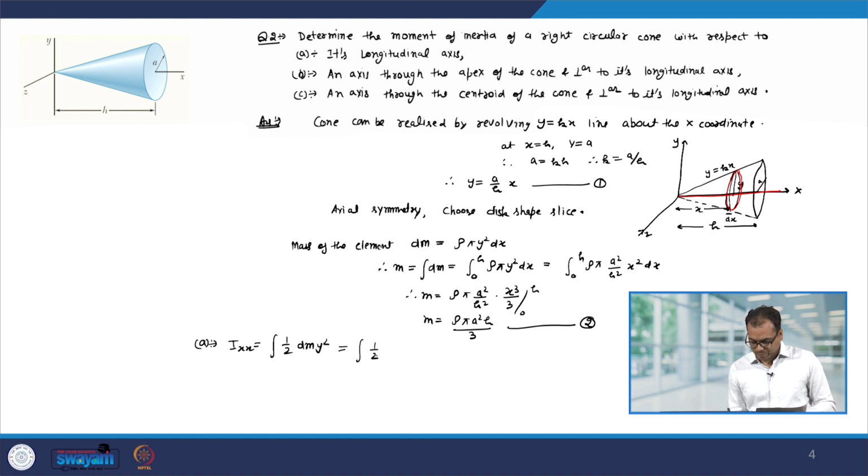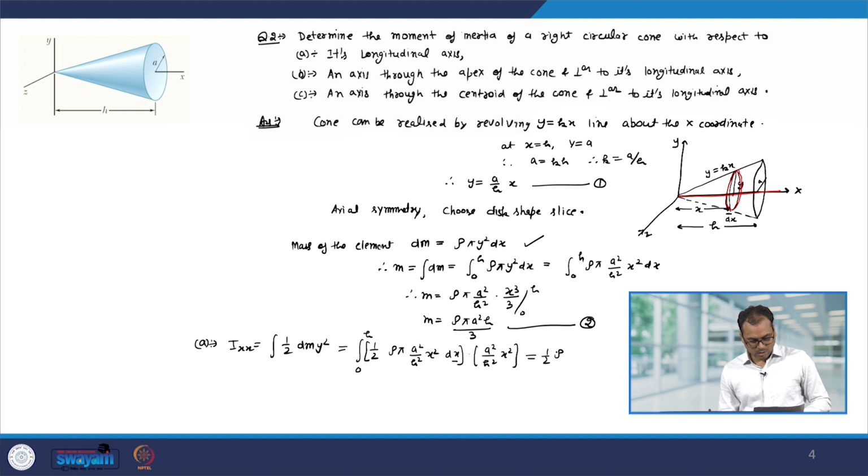So, it is half dm, we know it is rho pi y square dx. So, rho pi y square is a square over h square x square and dx. So, this is my dm, into y square, which is a square over h square x square, okay, and the limit on x is 0 to h.